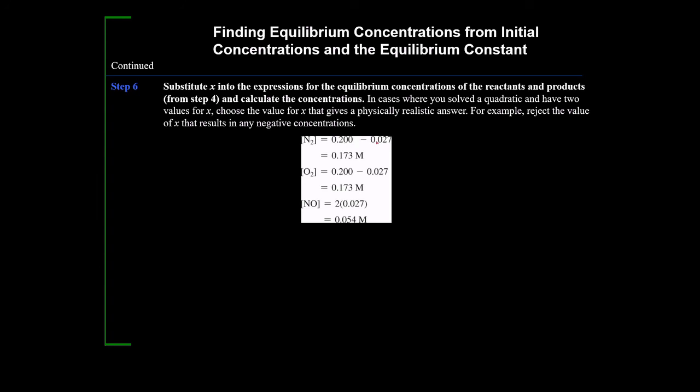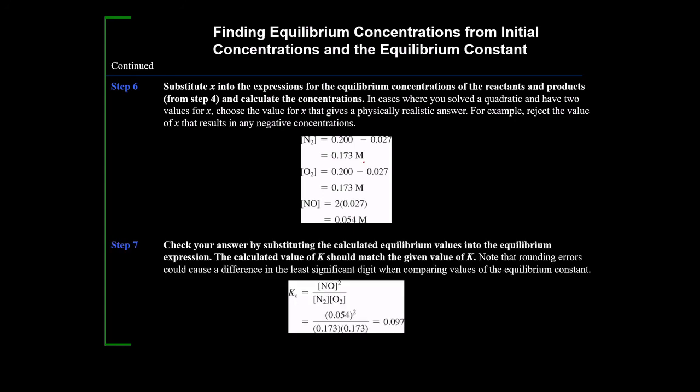So 0.2 minus x, 0.2 minus x, and 2x. And those are our equilibrium concentrations. So then the last step that they put in here is just essentially double checking your work. So taking those numbers, plug them back into the Kc equation and make sure you get the correct answer, the true K value.